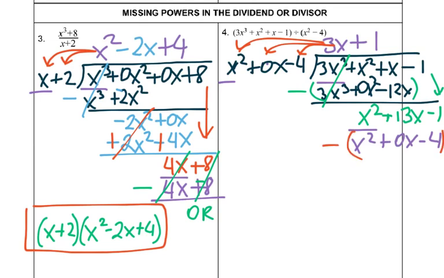Then I'm going to subtract. x squares cancel out. 13 minus 0 is 13x. Negative 1 minus negative 4 is going to be, technically, negative 1 plus 4, which is 3.